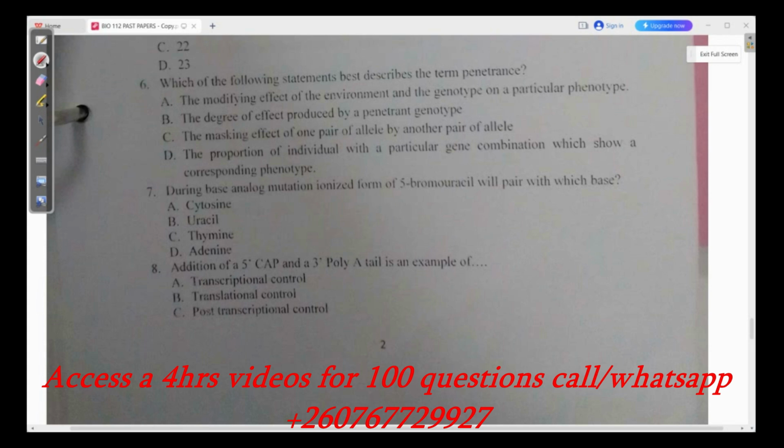Question 6. Which of the following statements best describes the term penetrance? So penetrance is the likelihood or the percentage of individuals carrying a particular genotype to express that particular phenotype. The phenotype is determined by the genotype that an individual carries.